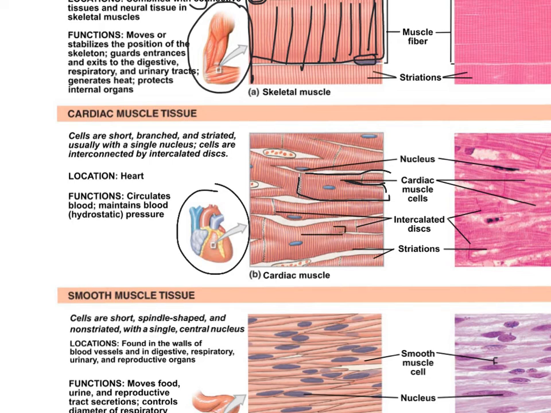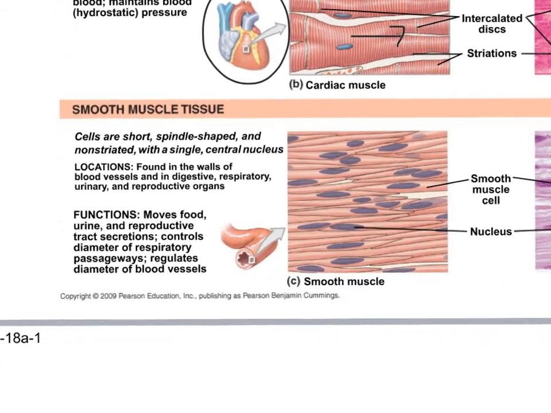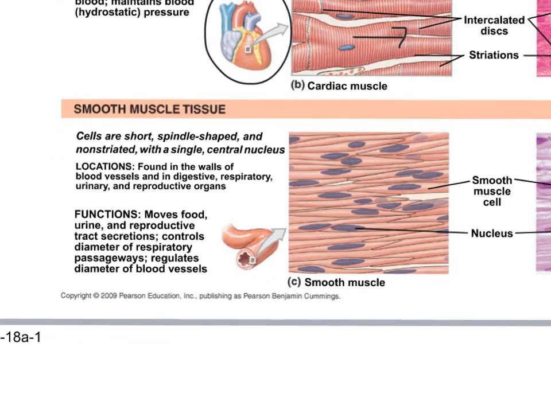They branch here, they branch here. You can see where they're branching. That's what cardiac muscle cells do. In addition to that, they also are striped, so they do look like skeletal muscle in that way. But the picture here of the heart is a big clue. That's cardiac muscle tissue. Then finally, we have the last one, which is smooth muscle tissue.